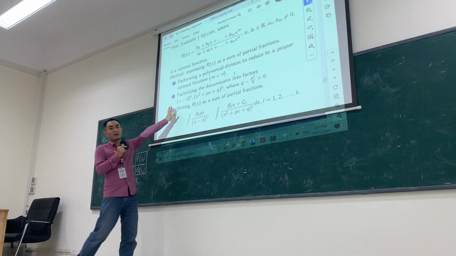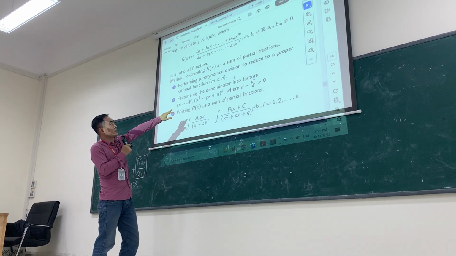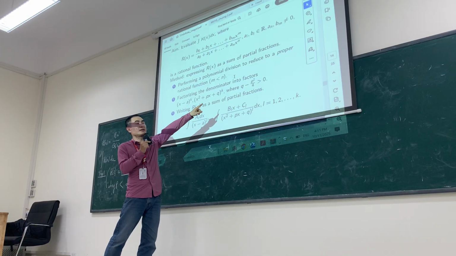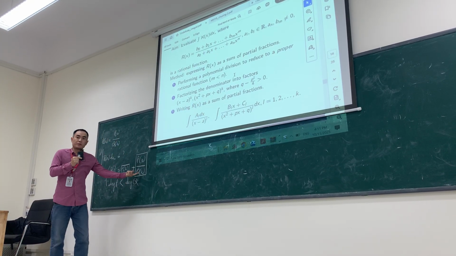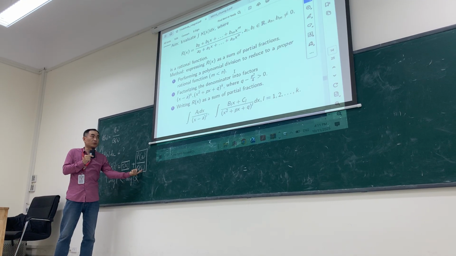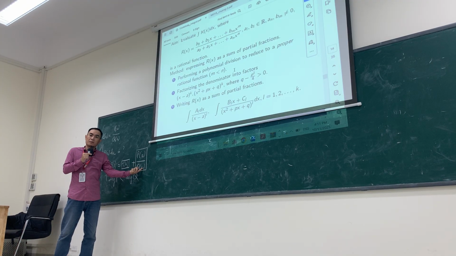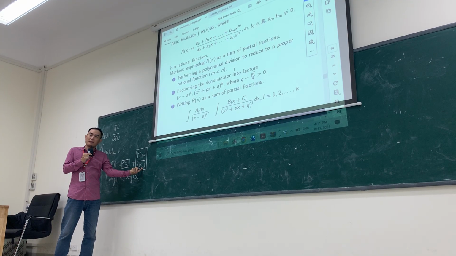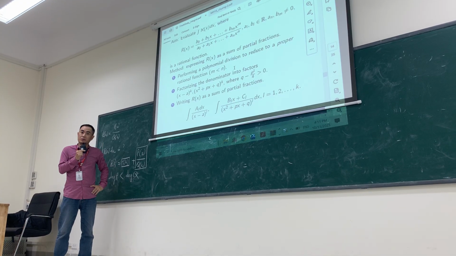Step two. Factorizing the denominator into factors of this form. That means we need to express the polynomial Q as a product of polynomials of degree 1 and 2.